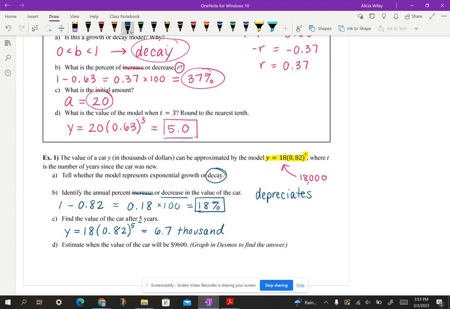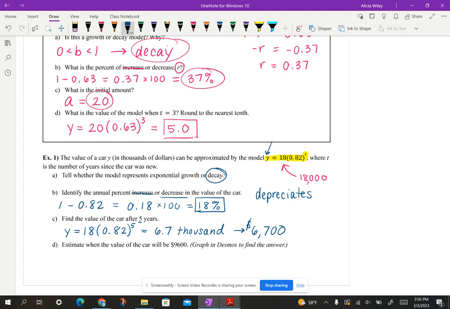Or if you want to write it out, like if you want to put this 18 as 18,000, you can go ahead and do that. And if you did that, you would get like 6,700. So that would be $6,700, right?